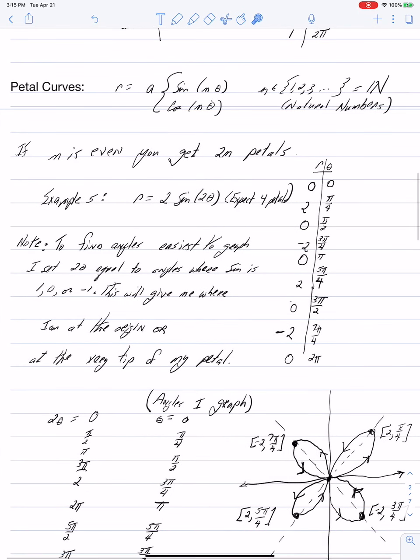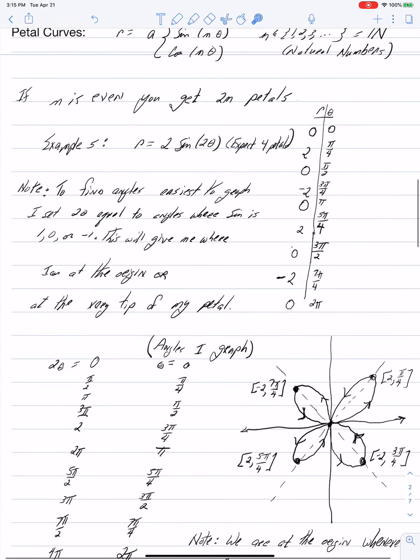Now the key here is to find the angles easiest to graph. What I'm interested in, again, like I was before, is where the sine function hits its highest, lowest, and is 0. And just like above, those values were 0, pi over 2, pi, 3 pi over 2, and 2 pi.